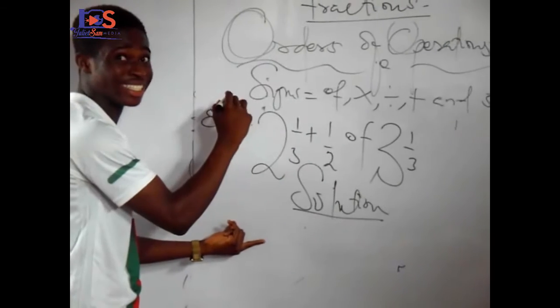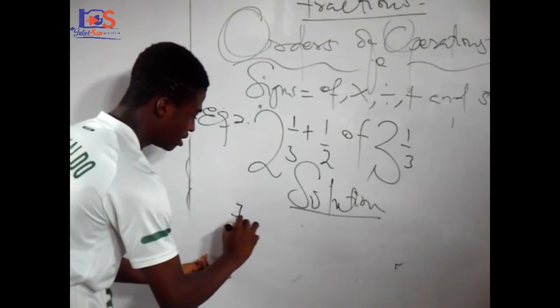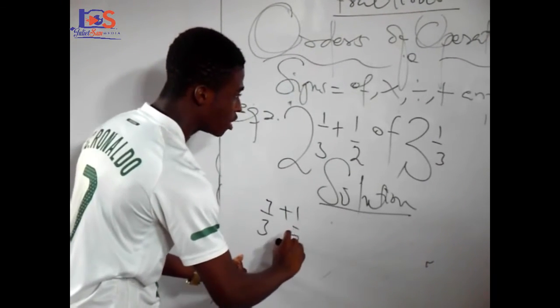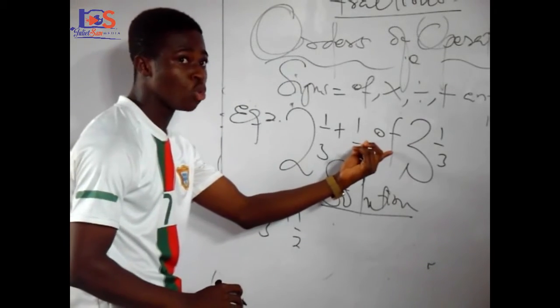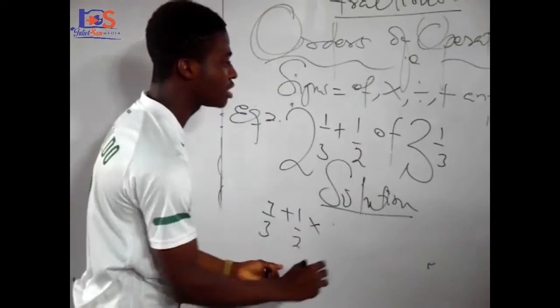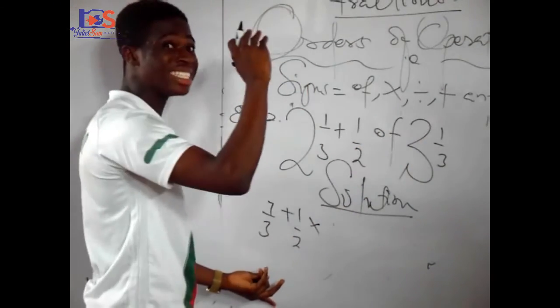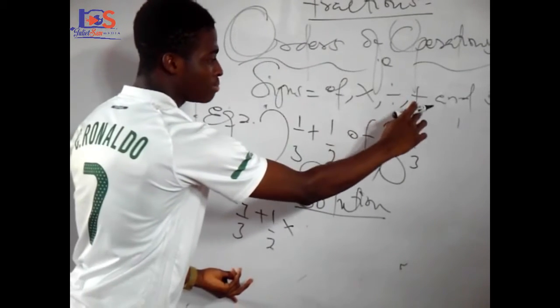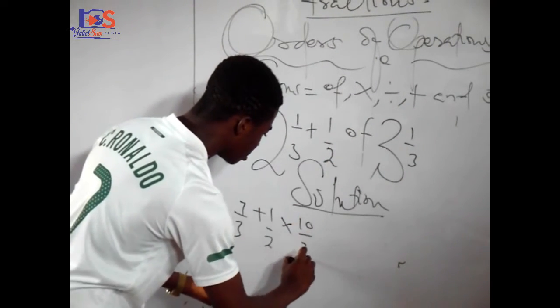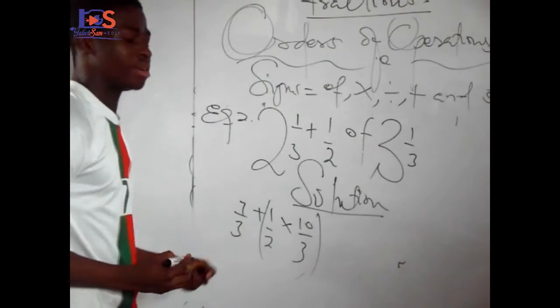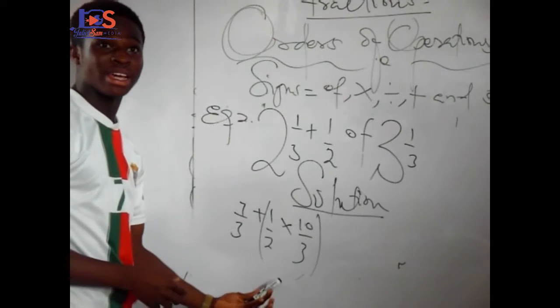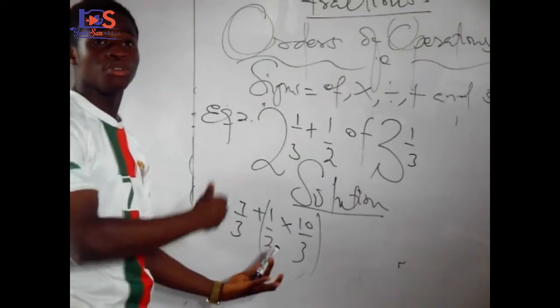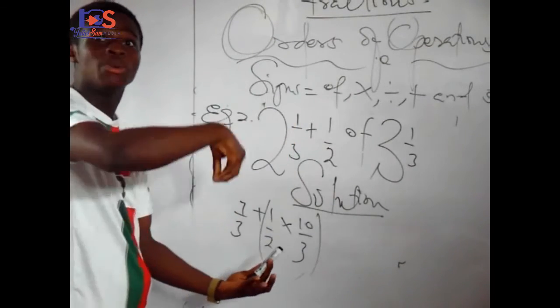3 times 2 is 6, plus 1, 7, 7/3, plus 1/2. We now change our off to what? Multiplication, times 3 times 3 is 9. 9 plus 1 is what? 10. You bring your brackets there. After bringing your brackets, you can now use your first step, which is deal with the bracket first.